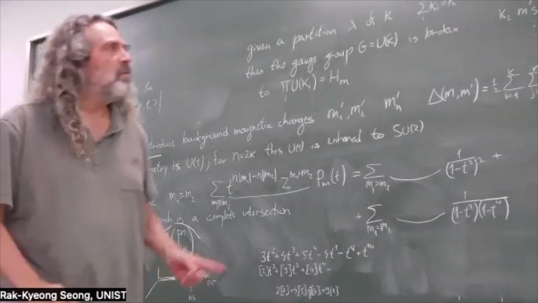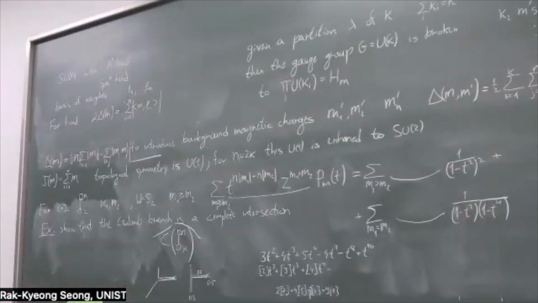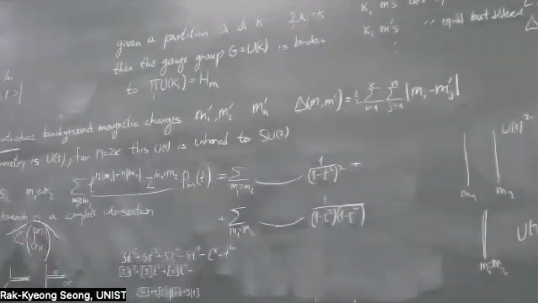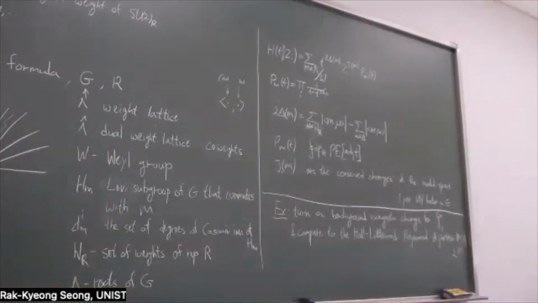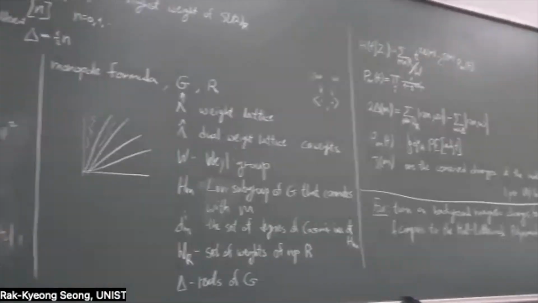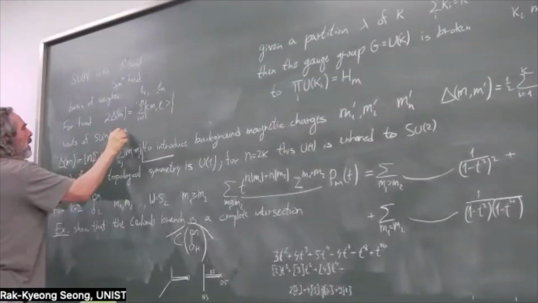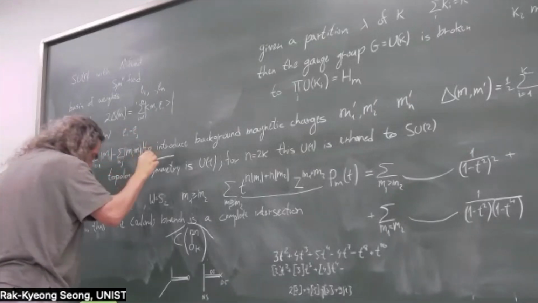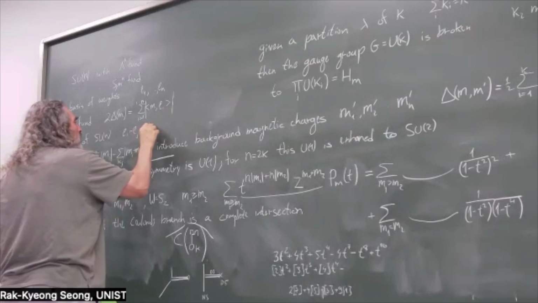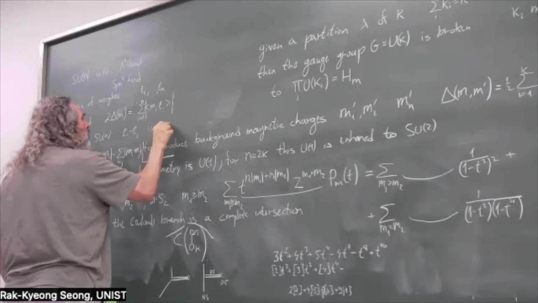So we've seen this for the fundamental, we've seen this contribution. So that's this contribution. And then you have the sum for the roots. So the roots of SU(N) are e_i minus e_j, where i and j go from 1 to n.